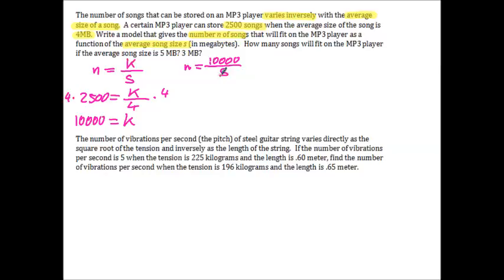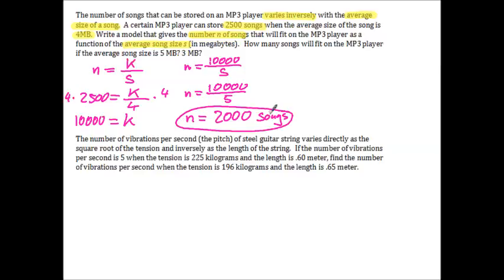And now let's find the different values. What is n if s is equal to 5? Well, then it's going to be 10,000 divided by 5. In other words, n is going to be equal to 2,000. And what is n if s is 3?